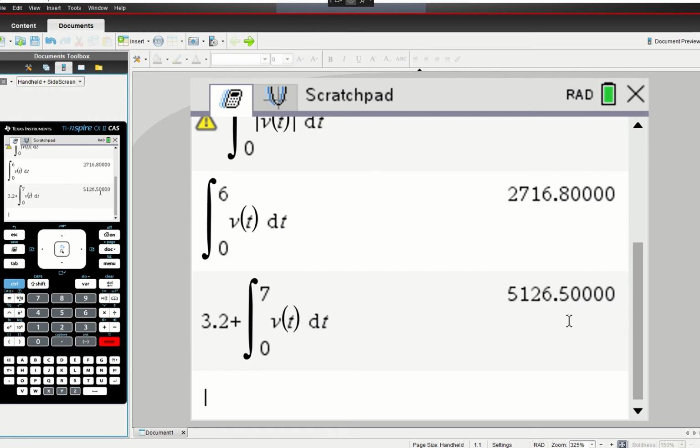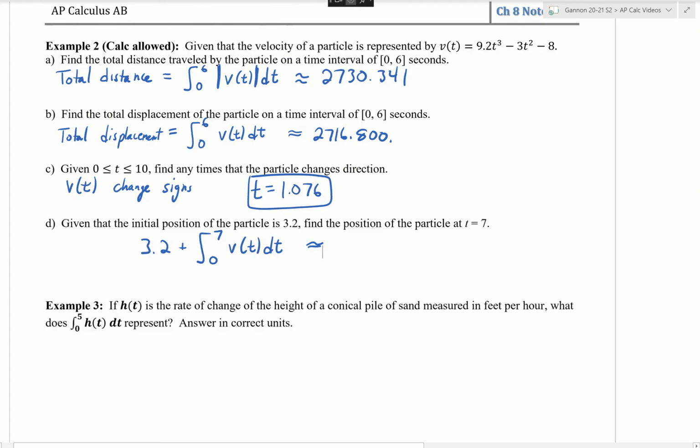Hit enter, and there's our answer, 5,126.500. That would be the new position. So quite a bit of change in the distance over that time. So we get 5,126.500.